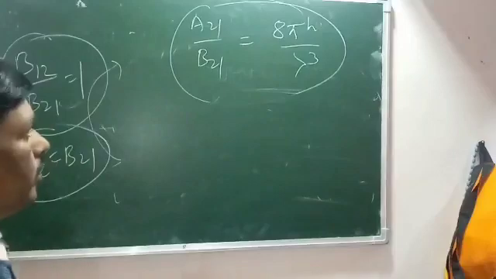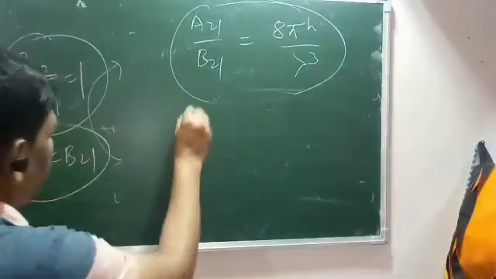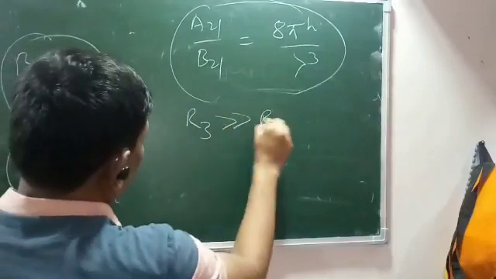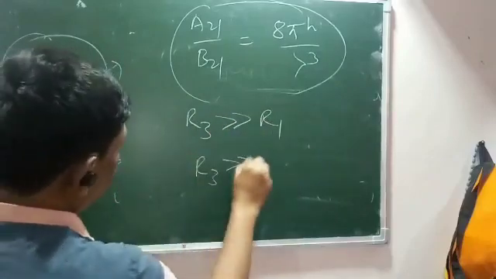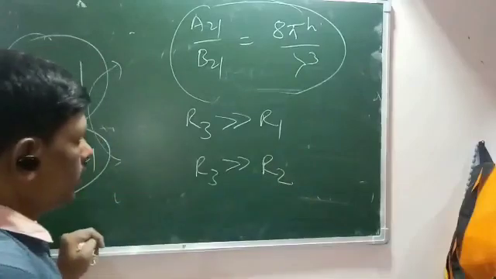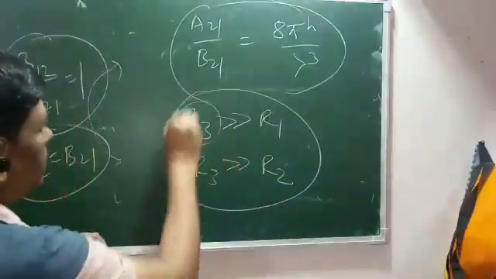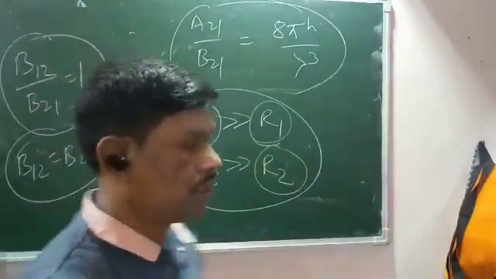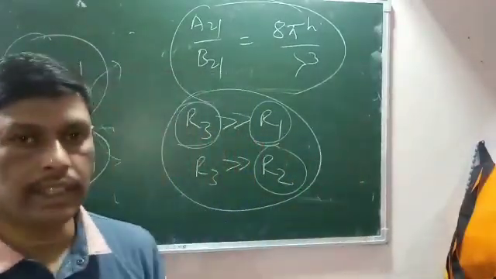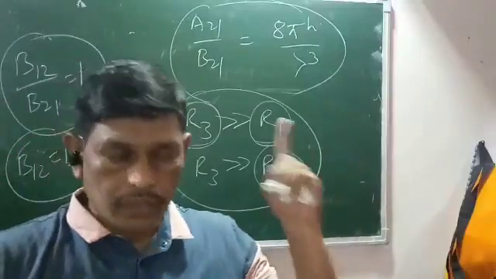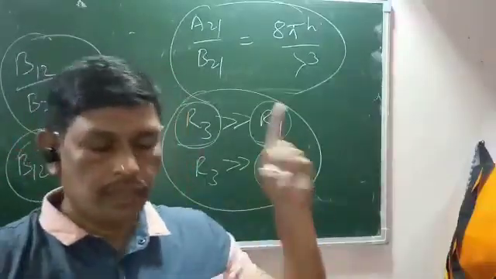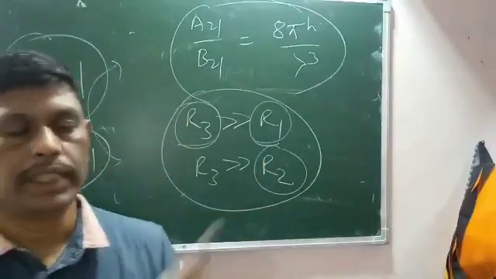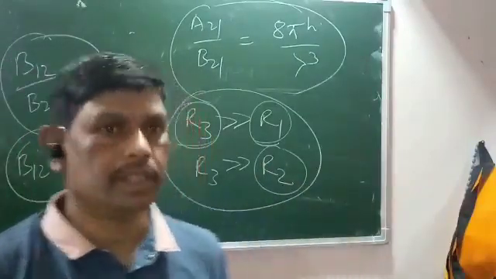Now we can write R3 is greater than R1 and R3 is greater than R2. R3 is the rate of stimulated emission, R1 is the rate of absorption, and R2 is the rate of spontaneous emission. For efficient laser action, for an efficient laser light pulse, we have to maximize the rate of stimulated emission.